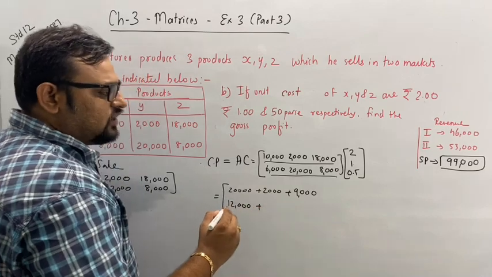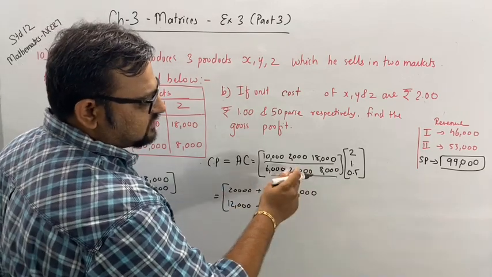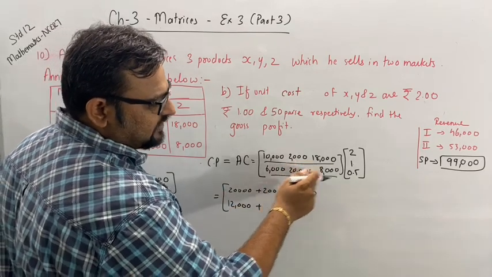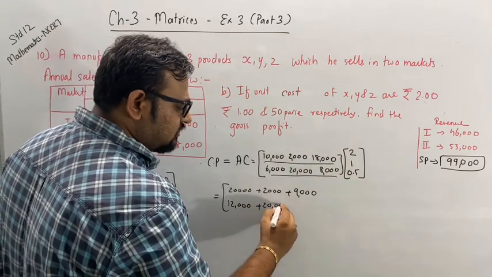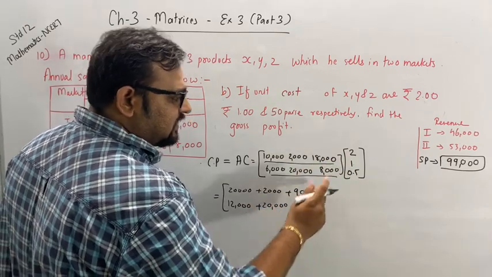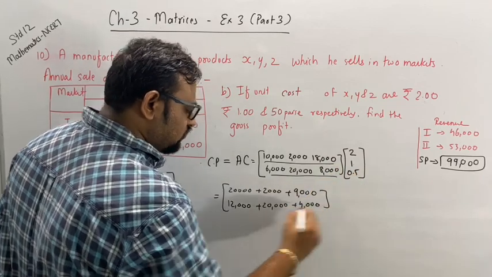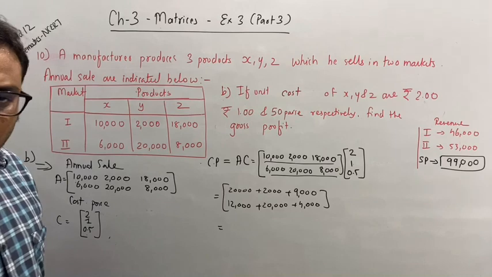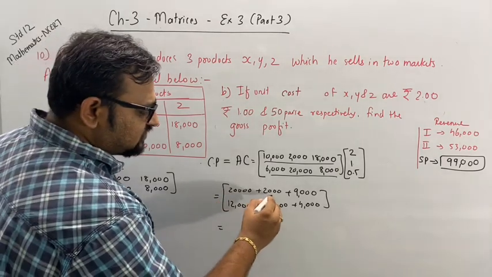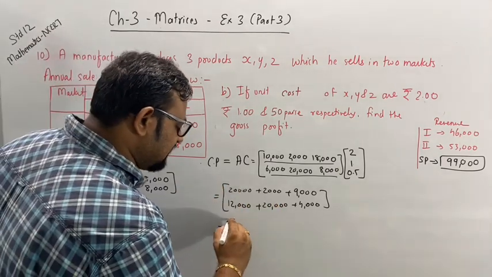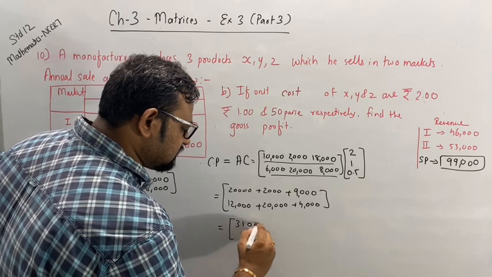12,000. Next, 20,000 into 1, 20,000, plus 8,000 into 0.5, 4,000. So this will be equal to 20,000 plus 2,000, 22, plus 9, 31,000.